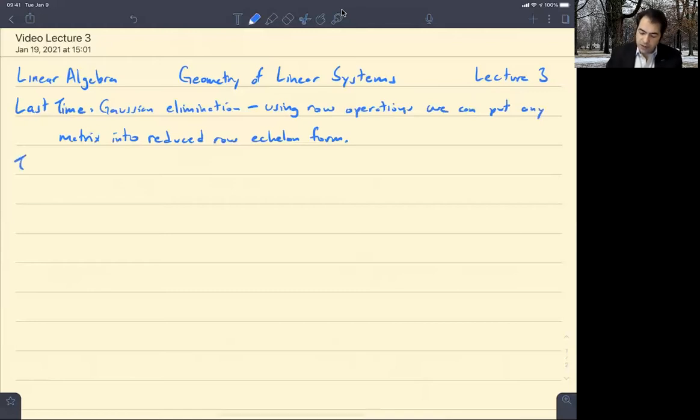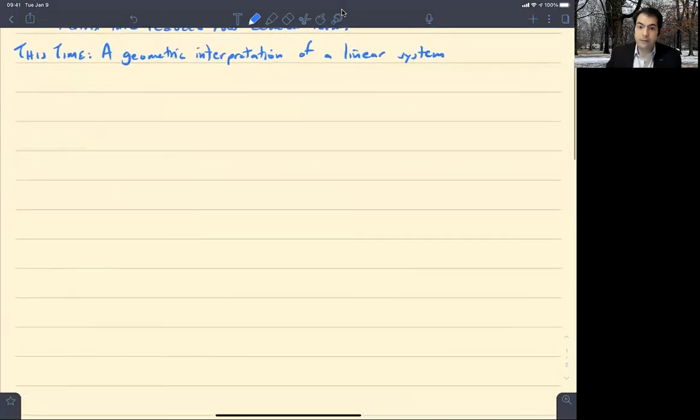Okay, this time, we want to talk about a geometric interpretation of a linear system. Okay, so let's start with vectors.